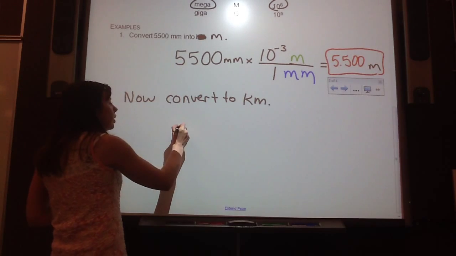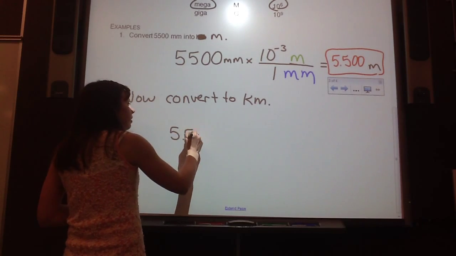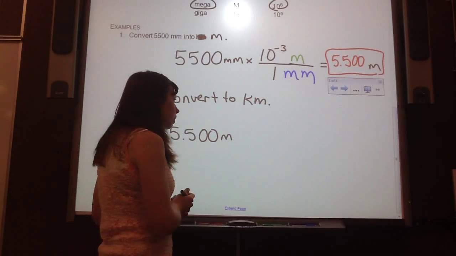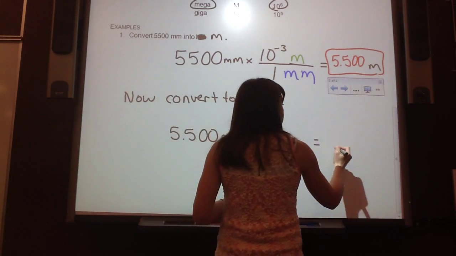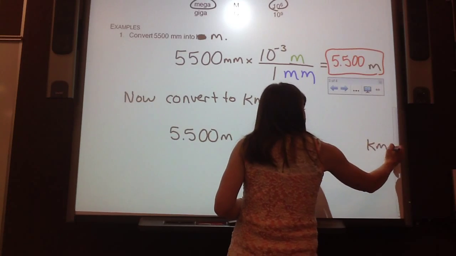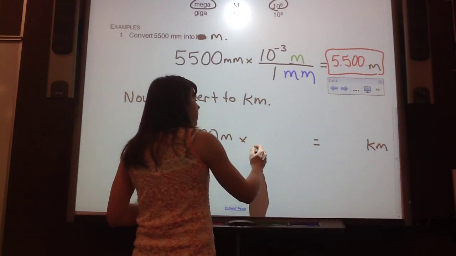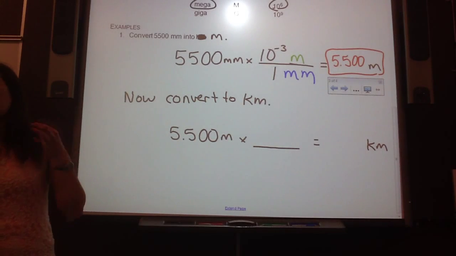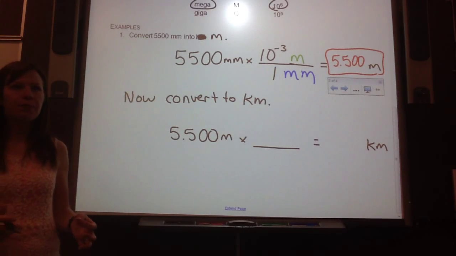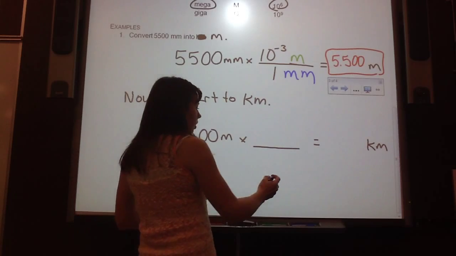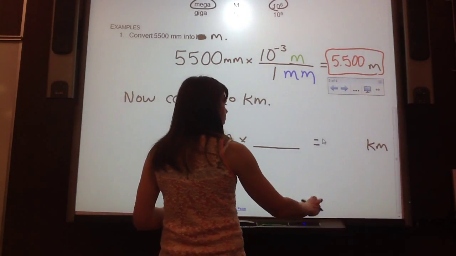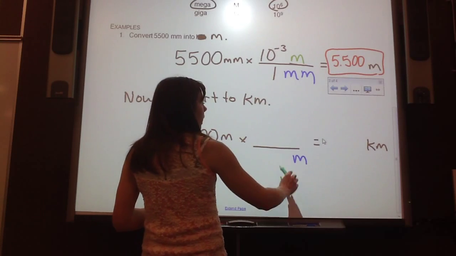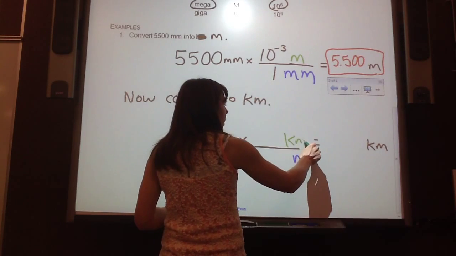So we go 5.500 meters. I want to end up with kilometers. So I need to times by a fraction where I cancel out meters and have kilometers on the top. So, to do so, I'm going to put my meter value on the bottom and my kilometer value on the top.